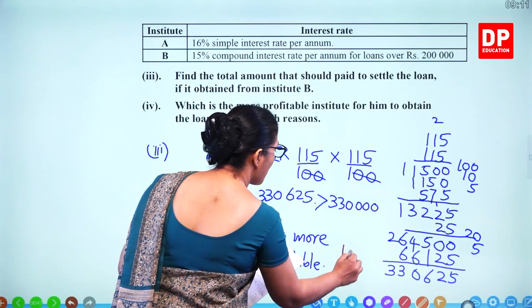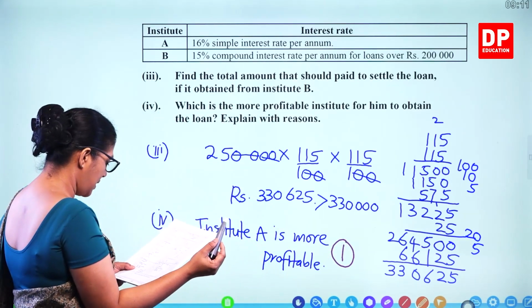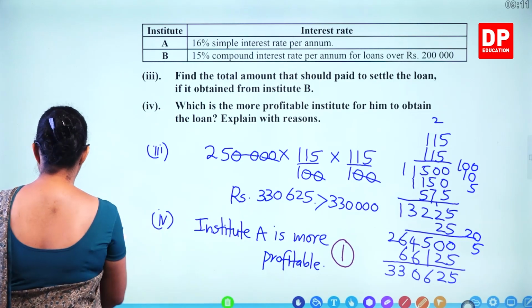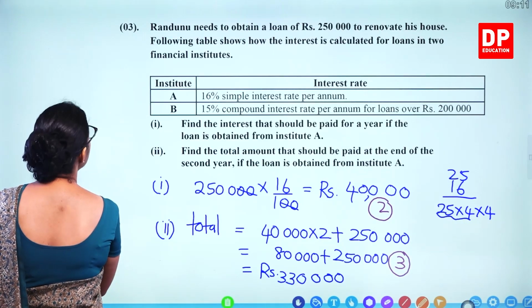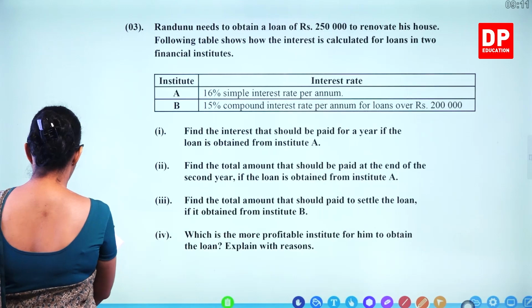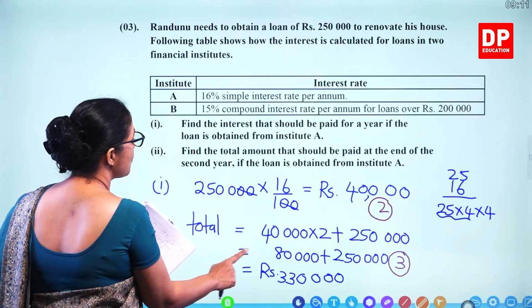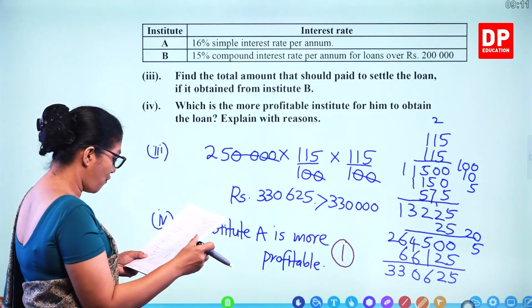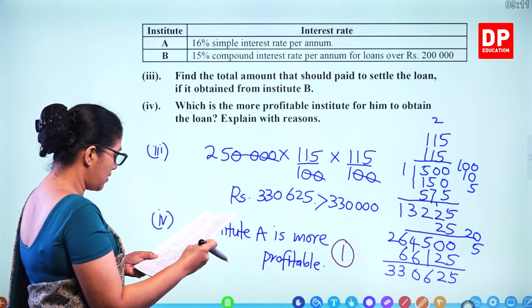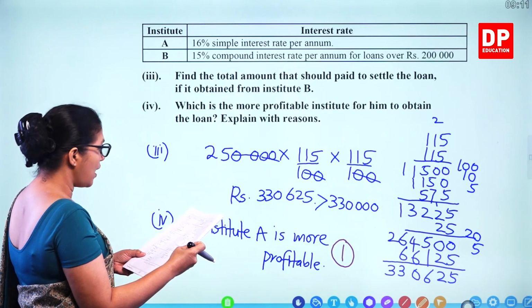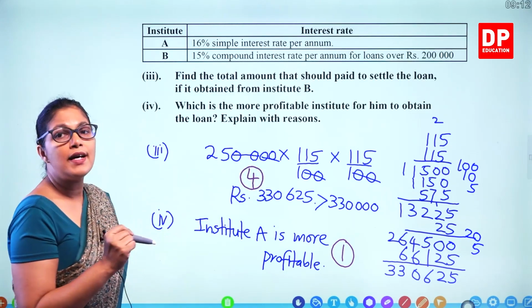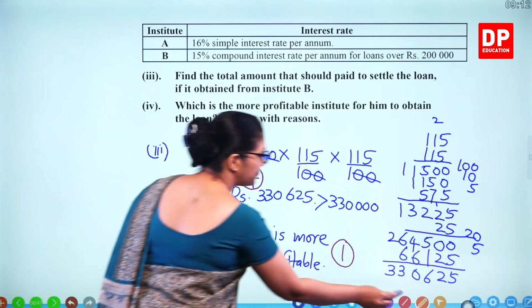And how many marks now? We gave earlier 3 plus 2, 5, 6, and this part 4 marks. So altogether 10 marks.